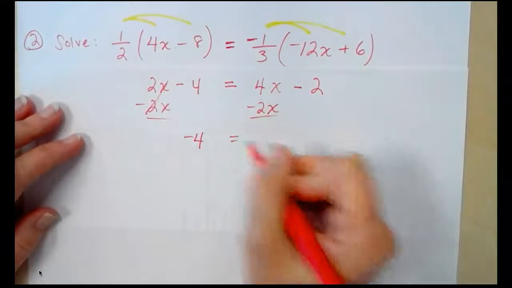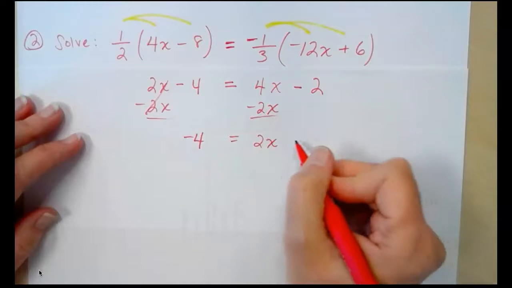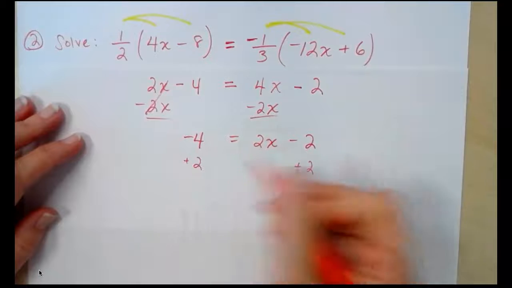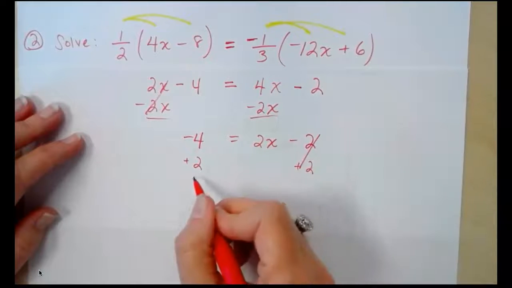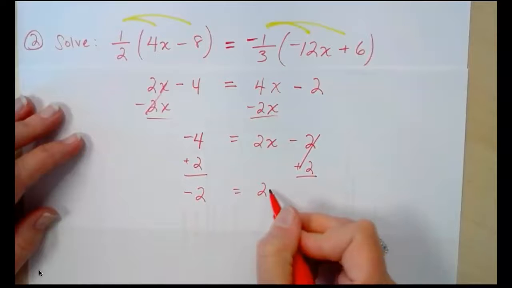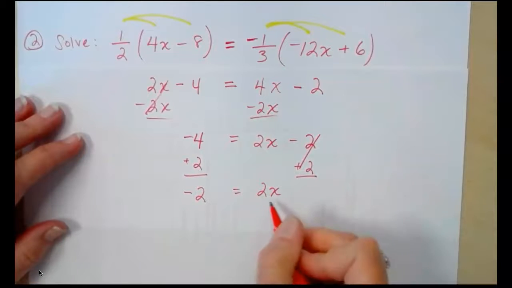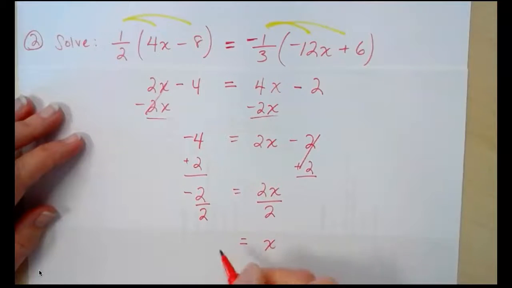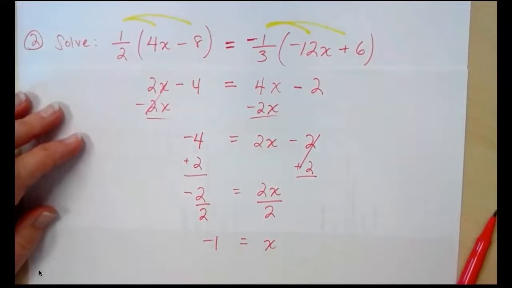Negative 4 equals 2x minus 2. Plus 2, plus 2. 2's cancel. So we get negative 2 equals 2x. Last step, division property of equality, divide by 2. Divide by 2, x equals negative 1.